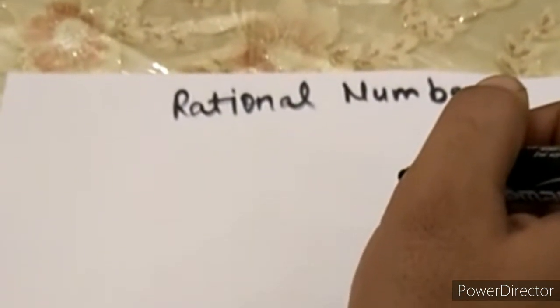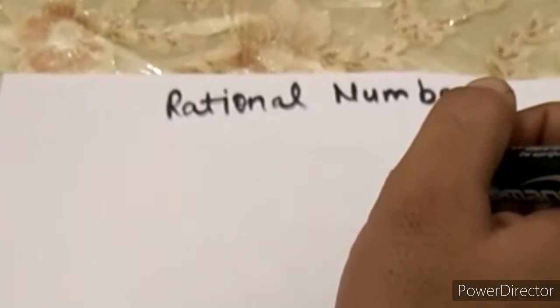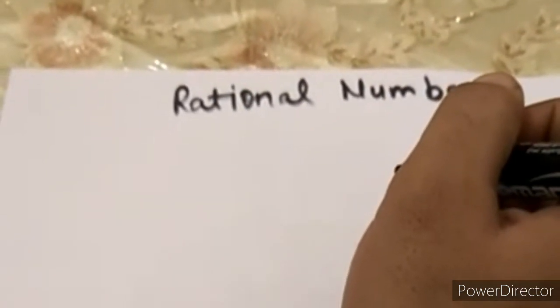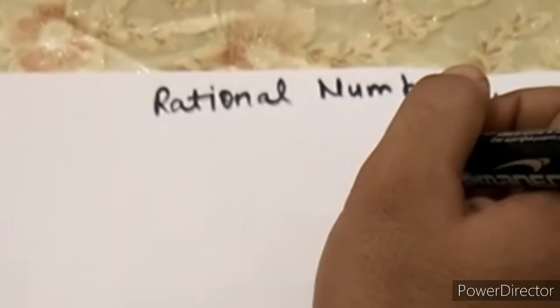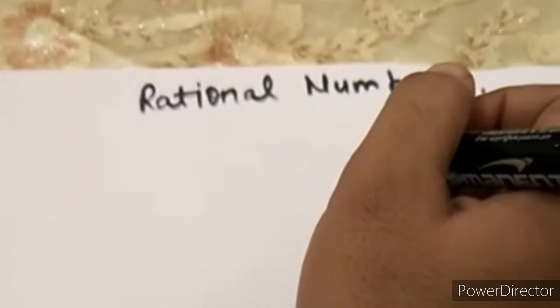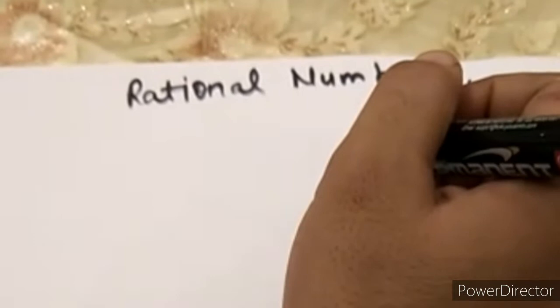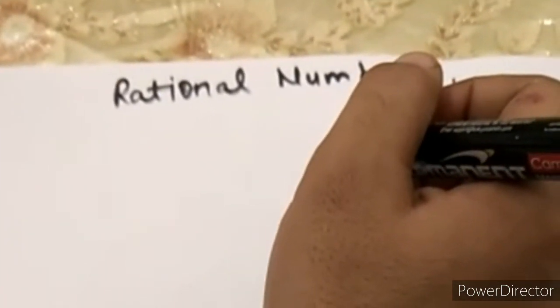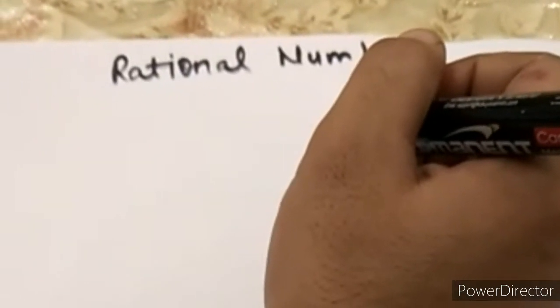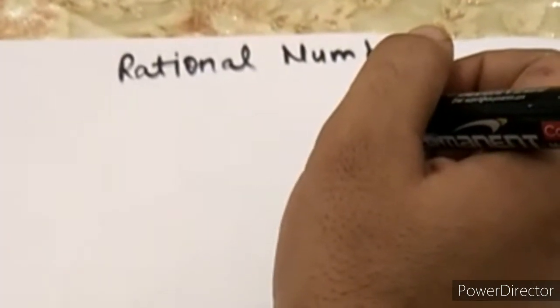In that sequence, in this video, we will discuss in depth about rational numbers, what are the types of rational numbers, how to find whether the given number is rational or not, how to convert a decimal to p by q form. But before going into that, we will discuss co-prime numbers.